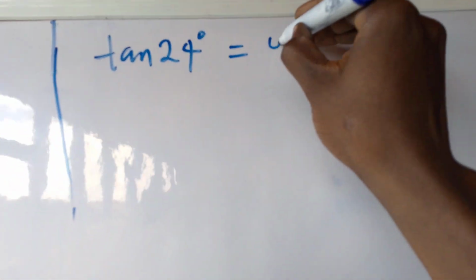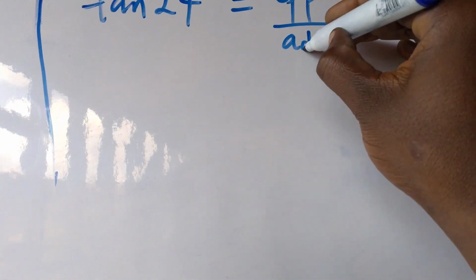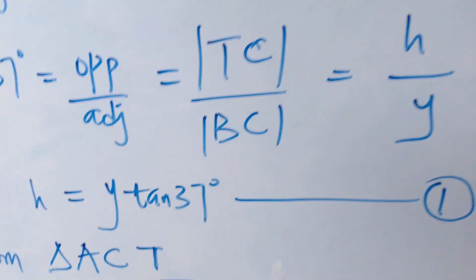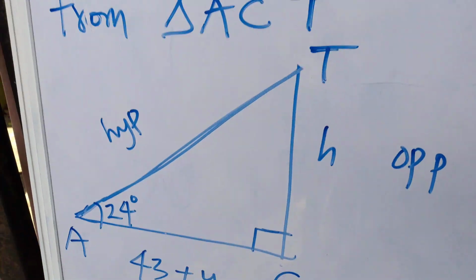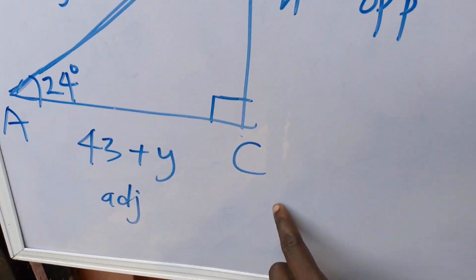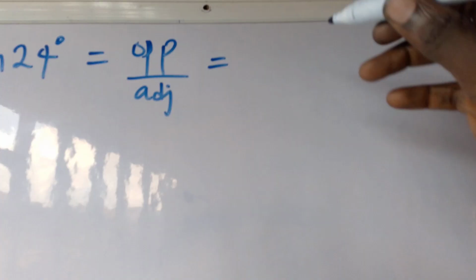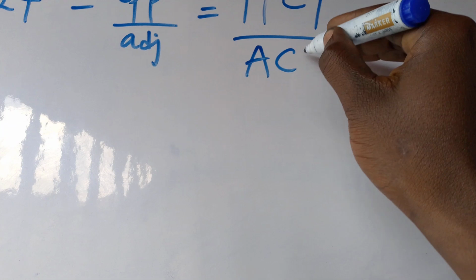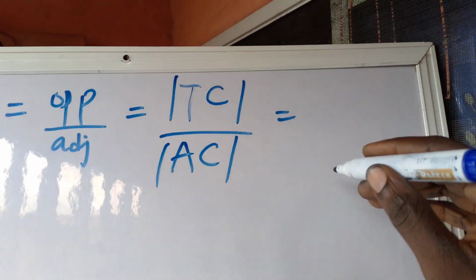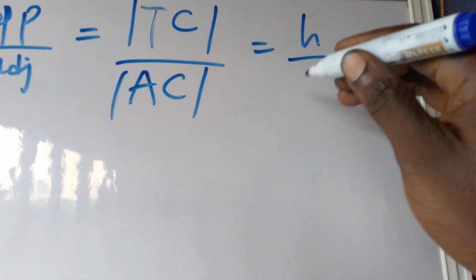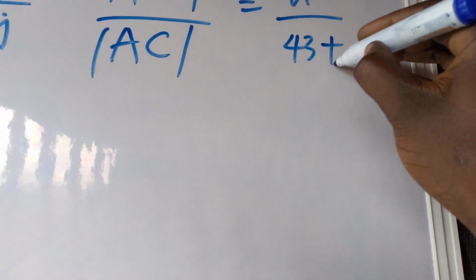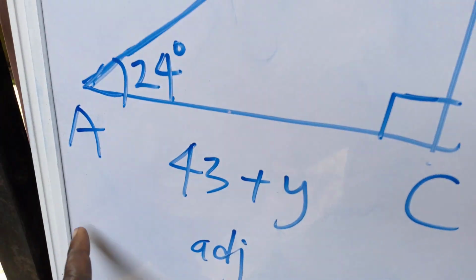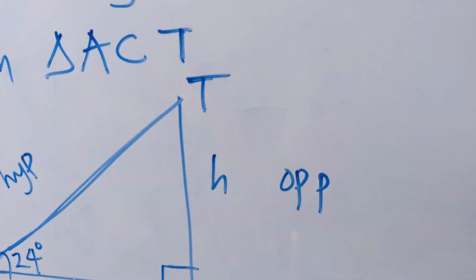Tan 24 degrees is the opposite divided by the adjacent, and my opposite side is TC. My adjacent side is AC. So this is TC over AC, and TC is equal to H. Distance AC is 43 plus Y, while distance TC is small h.